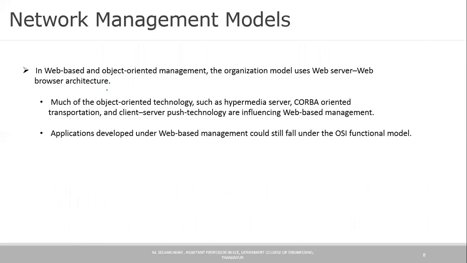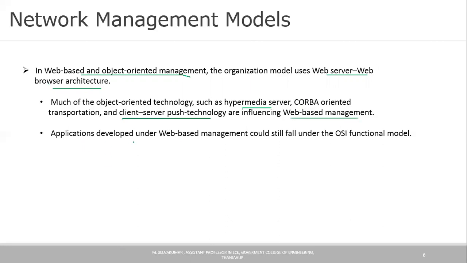The fifth one is the emerging technologies standard, that is, web-based and object-oriented management. The organization model uses the web server and web browser architecture. Much of the object-oriented technology, such as hypermedia, HTTP, CORBA, and client server push technology, is influencing web-based management.